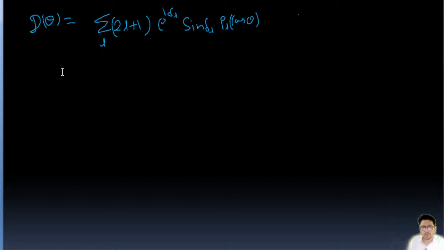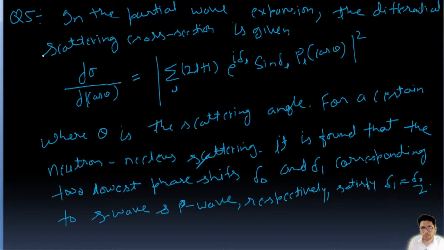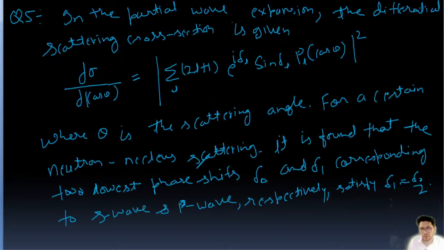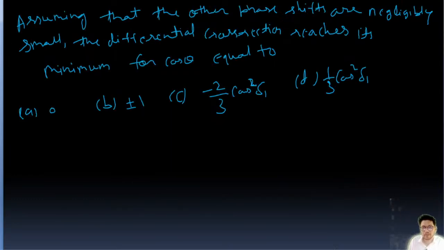Well, so now because it is given, we have to ignore the other higher phase shifts, right? They are negligibly small. We'll only consider delta 0 and delta 1, okay.